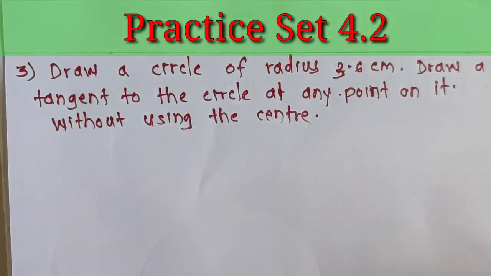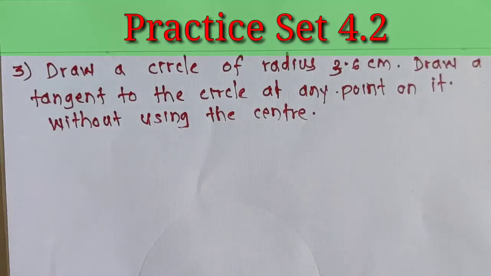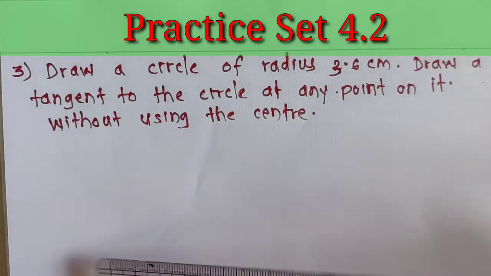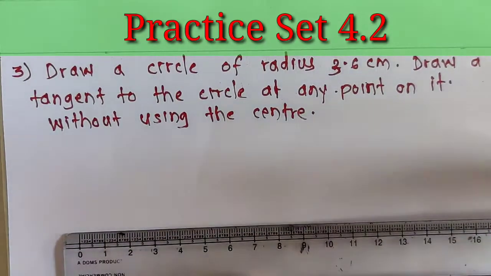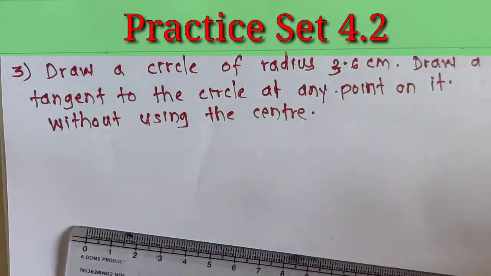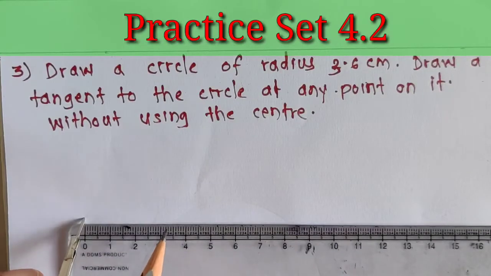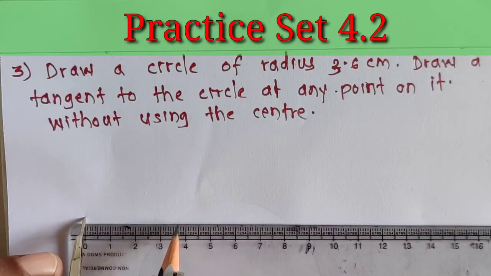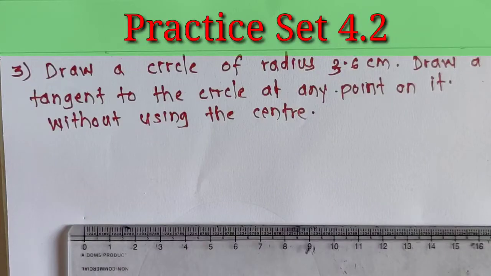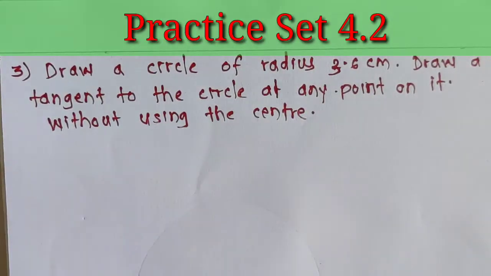So first take a distance of 3.6 centimeter in a compass. Here using the scale we can measure that distance, 3.6 centimeter. So take the distance of 3.6 centimeter in a compass and draw one circle first.